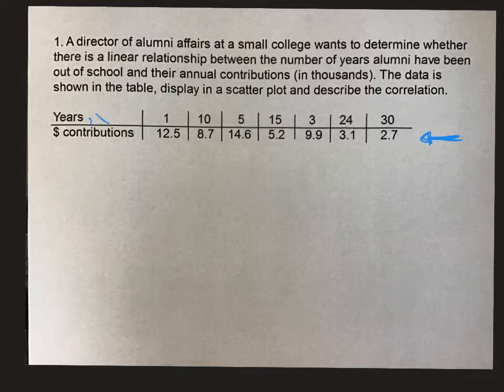So our years are going to be like our x values, our contributions are going to be our y values. It doesn't really matter what you make your increments go up by. That's kind of up to you. We have everything from 1 all the way up to 30 for our x's. So I'm just going to go up by 5s here. You could go up by 2s or 3s or 4s, whatever you want is fine.